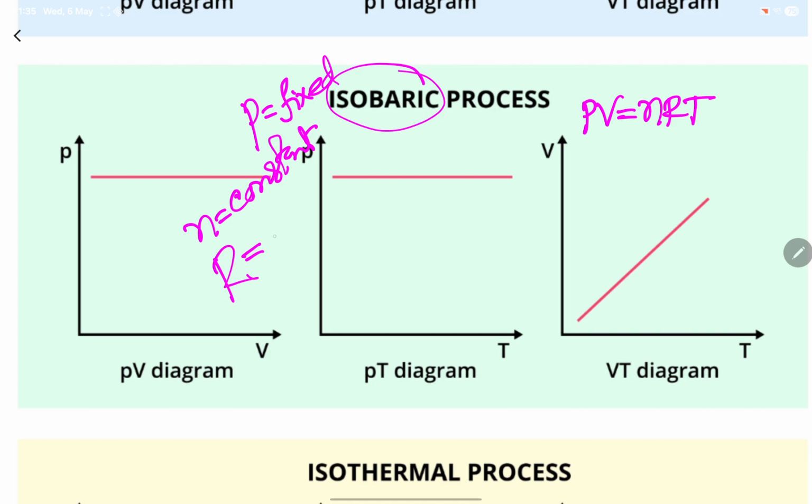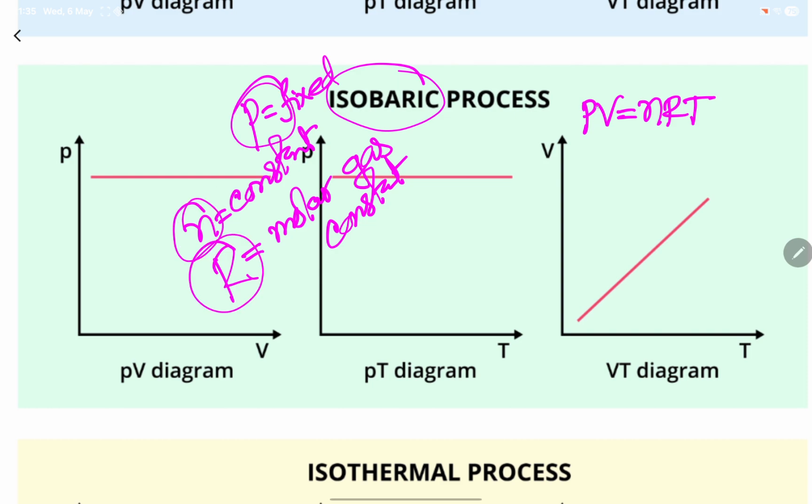R is what we call the molar gas constant. It is a universal constant. So P, n, and R, all of them are constant. You are left with V and T, and you can clearly see that T is proportional to V.